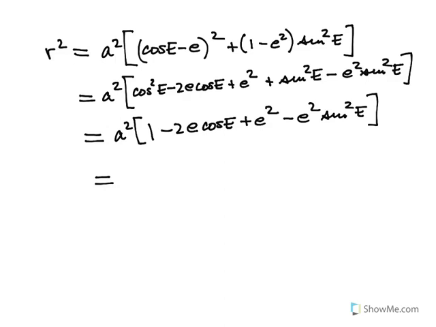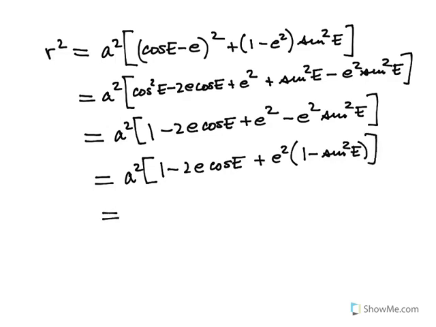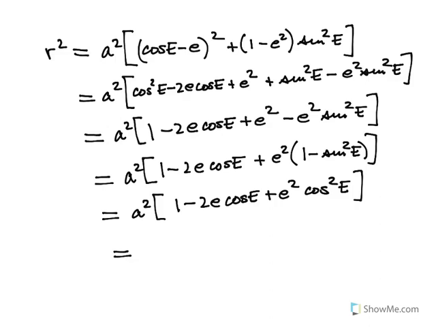So we wind up with an a squared times 1 minus 2e times cosine of E, and then we get plus e squared times 1 minus sine squared E. But 1 minus sine squared E is equal to cosine squared E, so we get 1 minus 2e cosine of E plus e squared times cosine squared E, which is equal to a squared times 1 minus e cosine of E, squared.